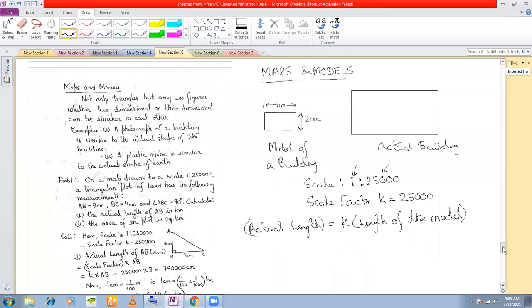So if you see in this figure, for example, I have given you the length and breadth of the model to be 4 centimeter and 2 centimeter respectively. Now if you want to find out the length of the actual building, this length, how will you find?